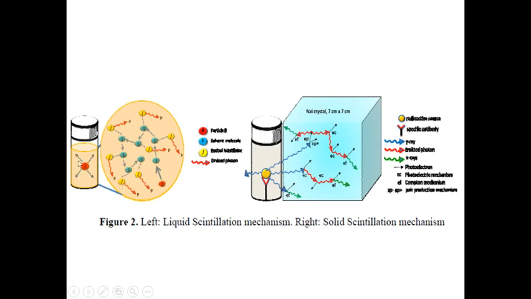In this solution we can directly add the isotopic, radioactive element which is responsible for emitting beta radiations. Those beta radiations then interact with the fluors, and the fluors start to emit photons, and those photons are measured by the photomultipliers. And this one is the solid scintillation counter.